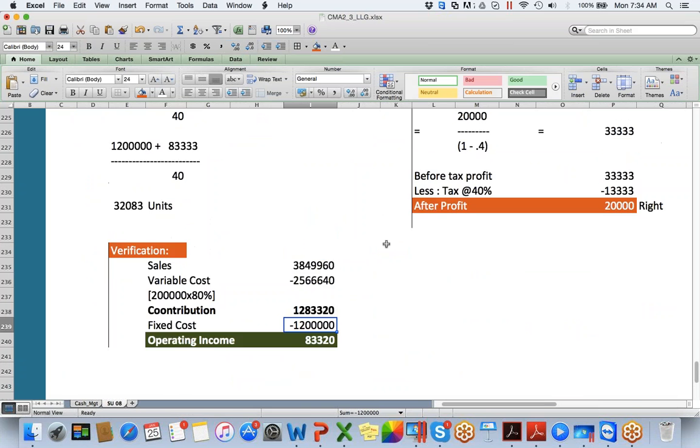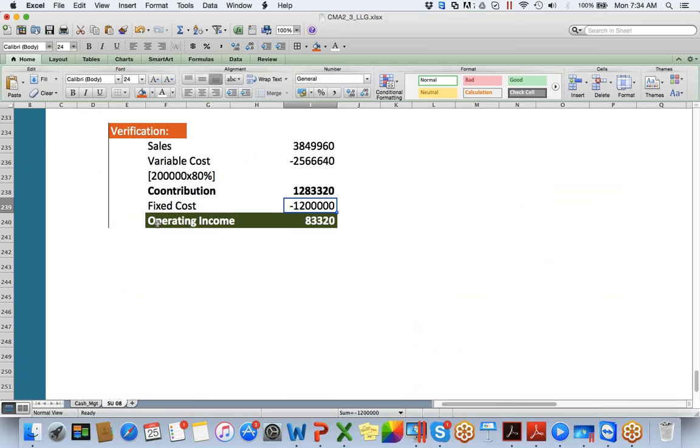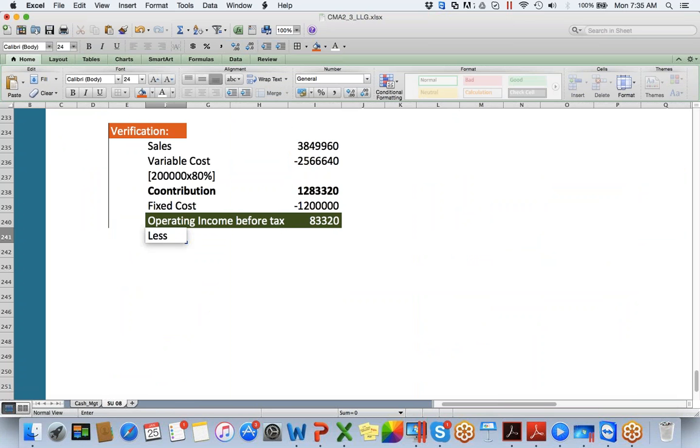My fixed cost is 1.2 million. And operating income before tax is this much. Okay. So operating income before tax is given. Now let us find out less tax, tax at the rate of 40%.